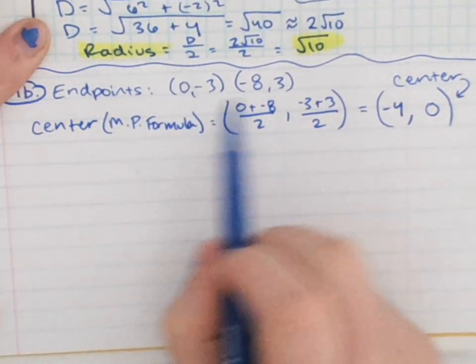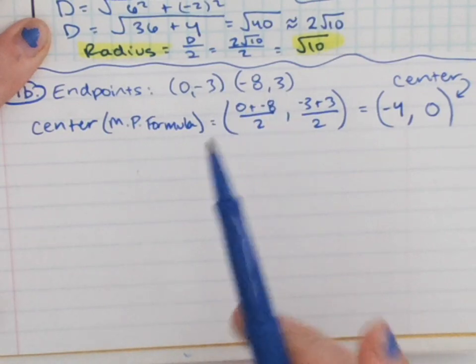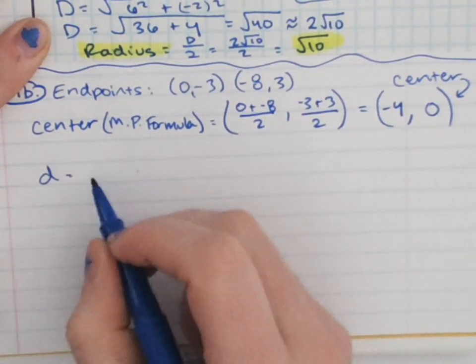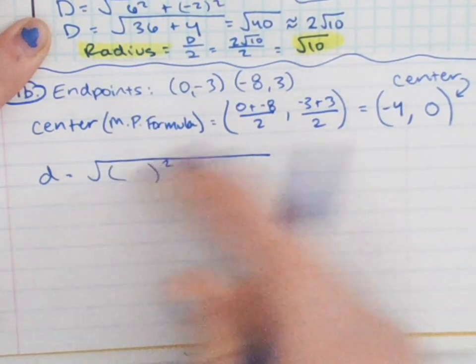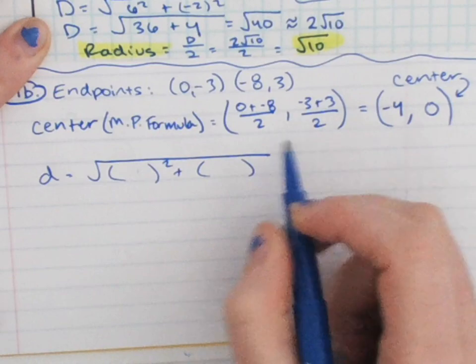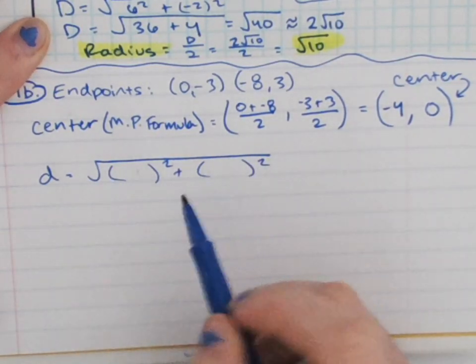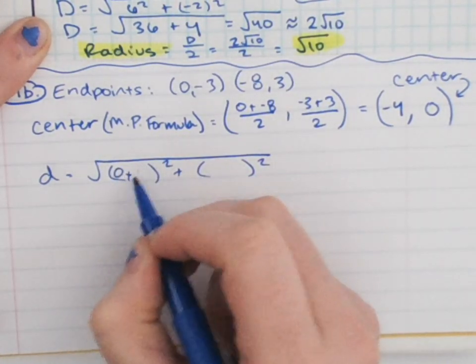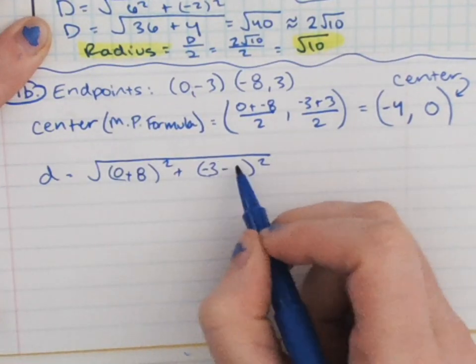So these are endpoints. So we can find the distance between these two and then just cut it in half. So we're going to do the distance formula. We find the difference of the x's, add it to the difference of the y's, both of them being squared. So I'll do 0 minus negative 8, which is plus 8. Negative 3 minus 3.